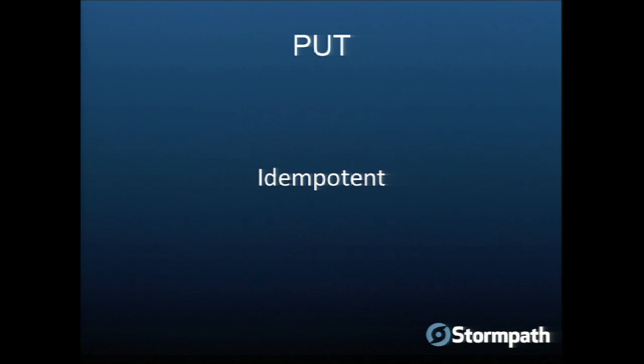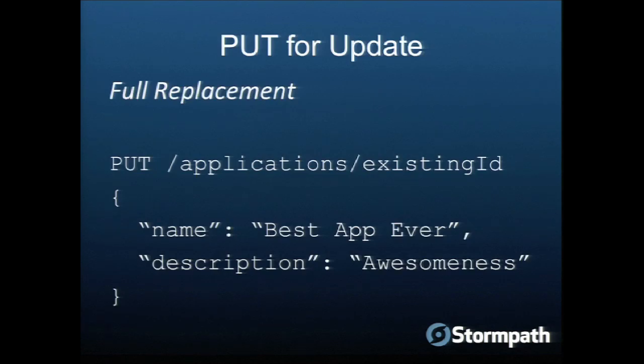But the key point here is that put has to be idempotent, which means you have to send the entire resource's representation in its entirety whenever you do a put. It cannot be a partial representation. So in this example, if I'm doing a put for application, this implies that the only 2 properties that an application has are a name and description.